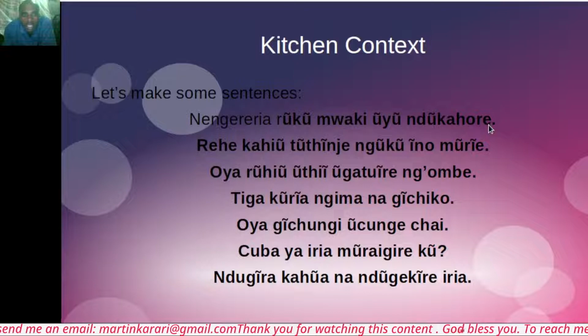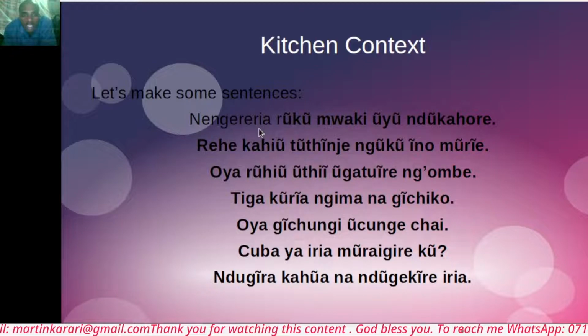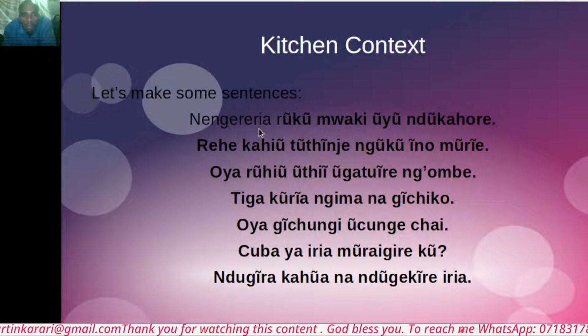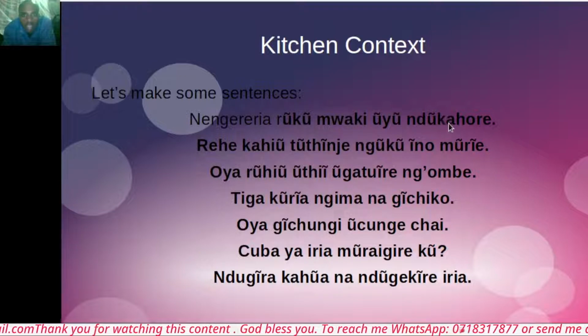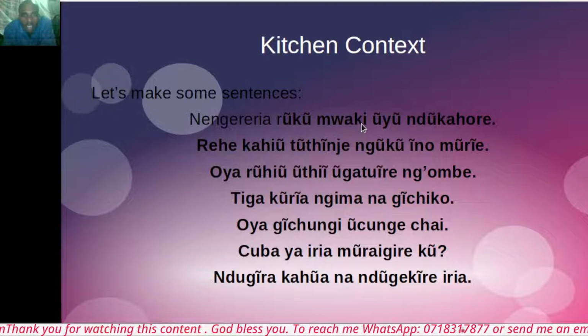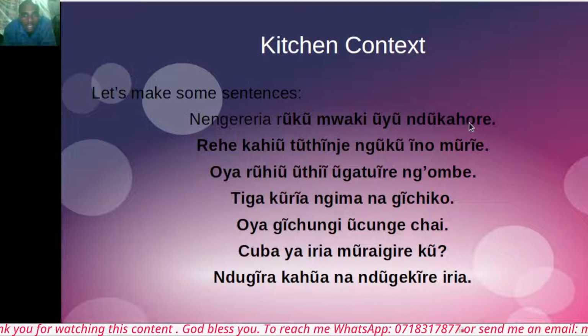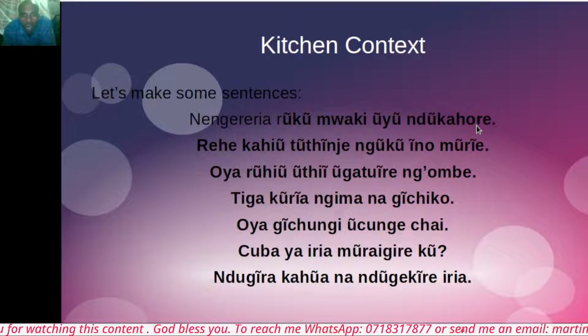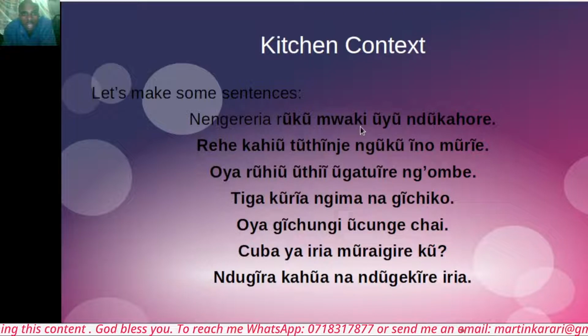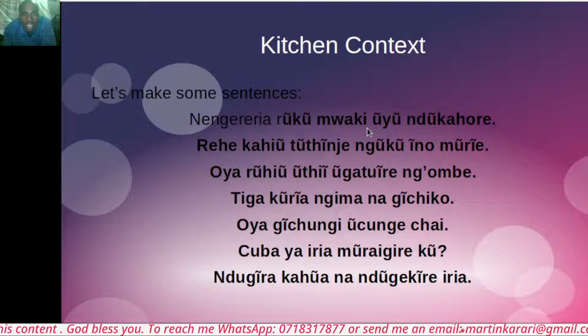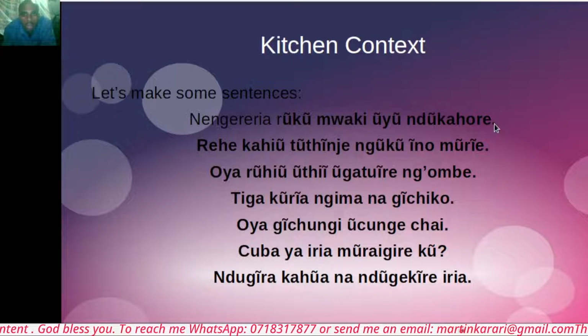This is a person telling you to give them firewood. Negereria is bring it near to me. He's saying, bring that firewood near to me so that this fire does not go out.